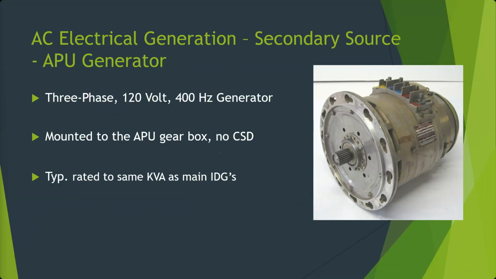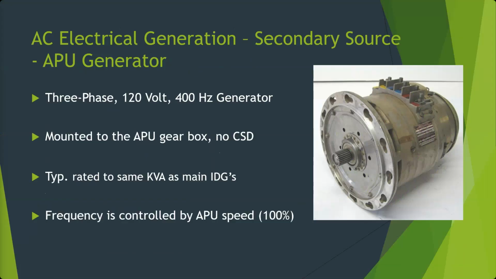APUs come on, they go up to 100%, and they want to stay there. If a load's put on them, they add more fuel to maintain that speed. Many are rated to the same current rating or load rating as the main generators, especially in smaller aircraft. But some of your larger aircraft, they just physically are not big enough to handle power for the entire aircraft.